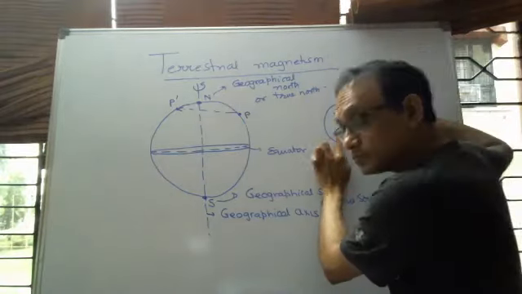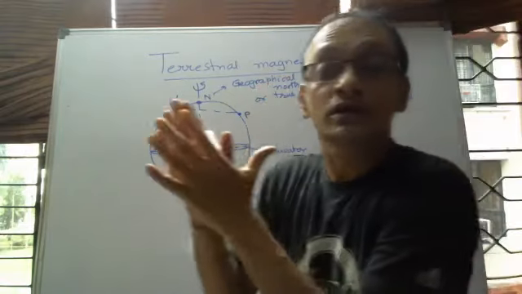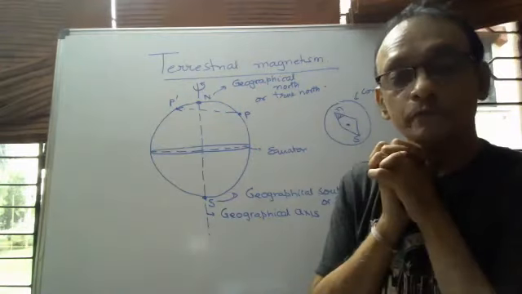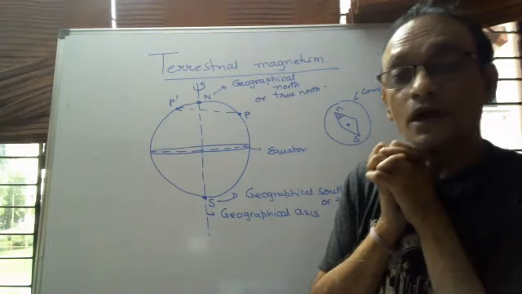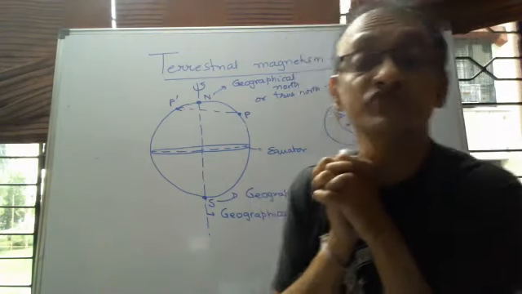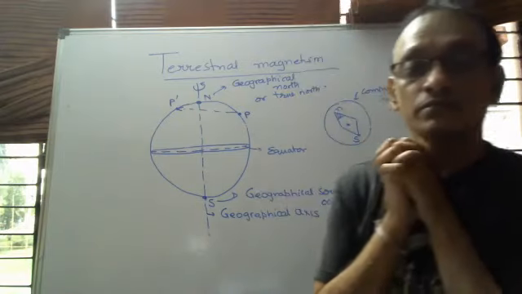This fellow, the compass needle, it deflects based on the magnetic field of the Earth. Now the question is, if it is responding to the magnetic field of the Earth, what point on the Earth will it take?